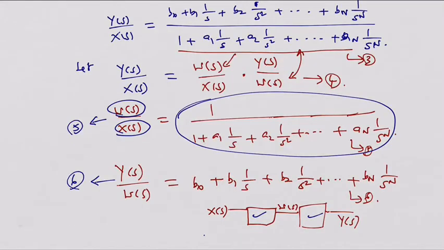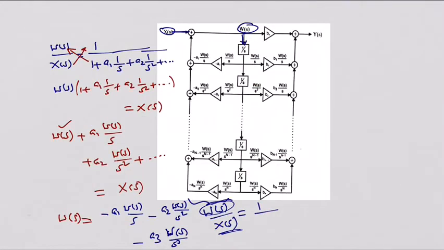Like this you will get the terms. So W of s by s multiplied by minus a1, W of s by s squared multiplied by minus a2, W of s by s power n minus 1 multiplied by minus a n minus 1, W of s by s power n multiplied by minus a n.